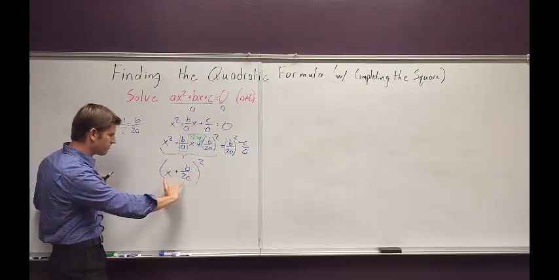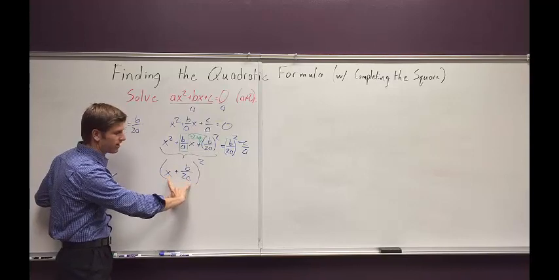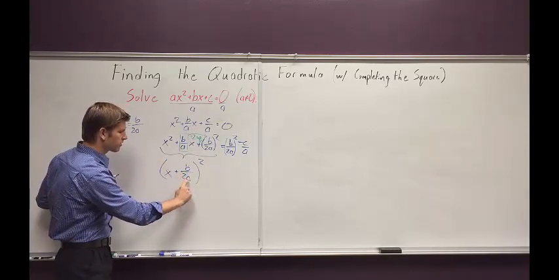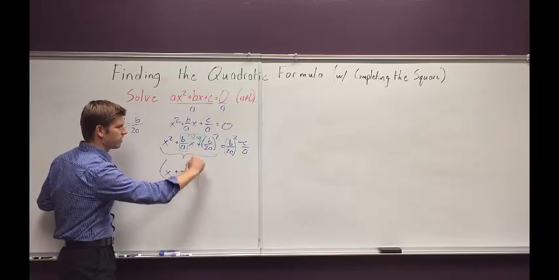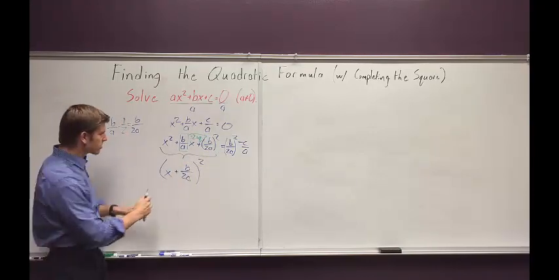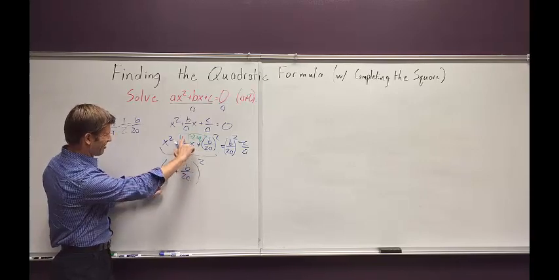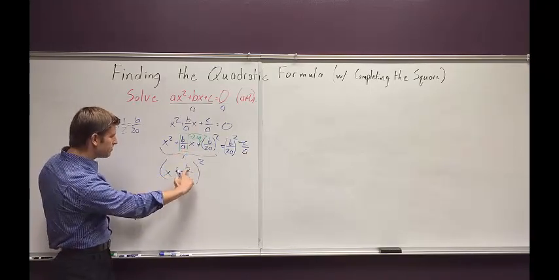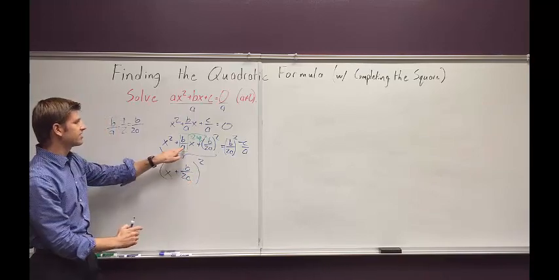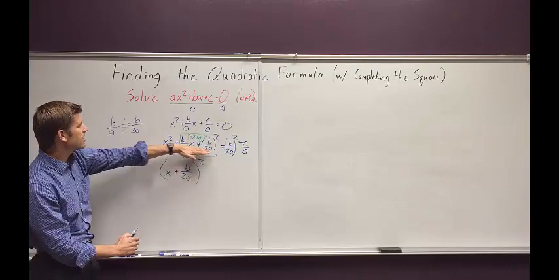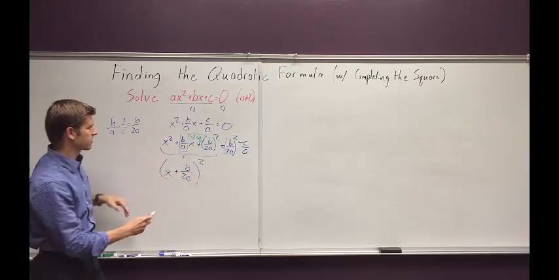If you were expanding this, multiplying it times itself, you'd get x squared. You'd get b over 2a times b over 2a, right there. But then you get these cross terms. You get x times b over 2a, that's half of that, plus b over 2a times x, that's the other half. So if you squared this, you'd have exactly that. This is the thing that makes this a perfect square.